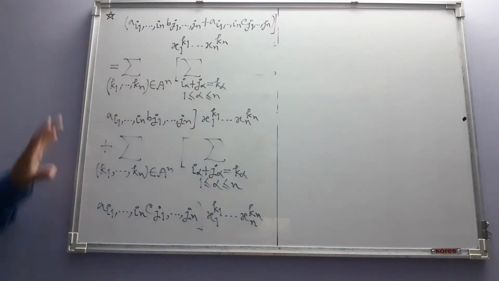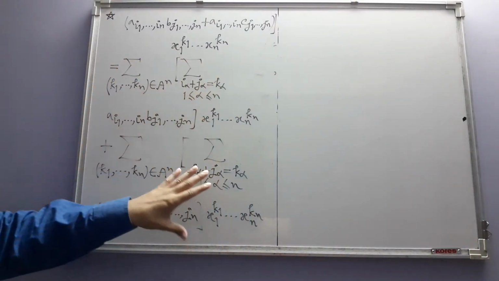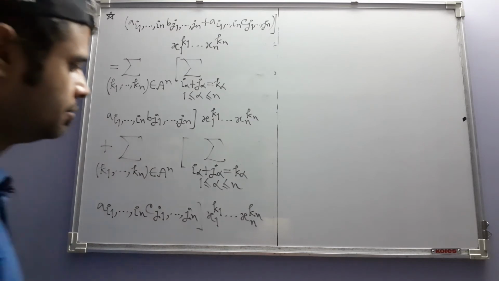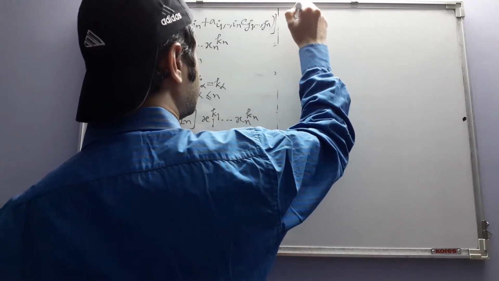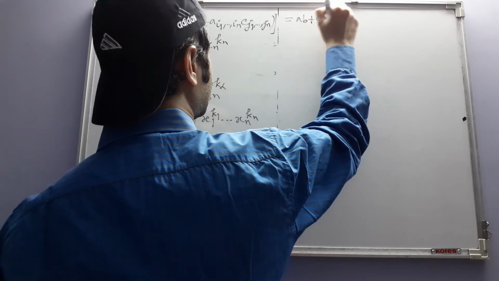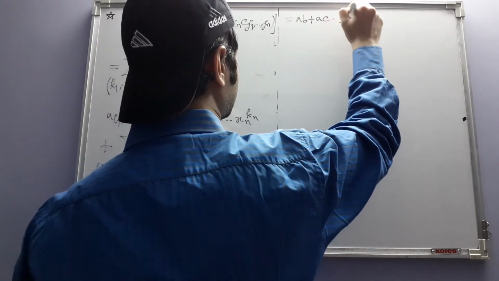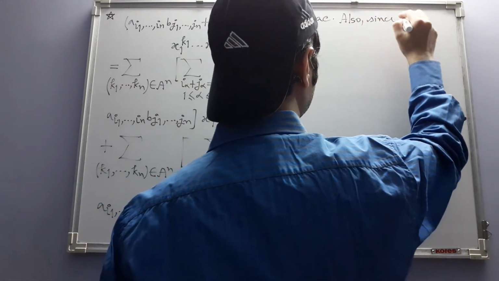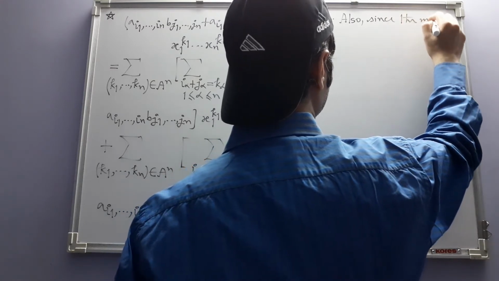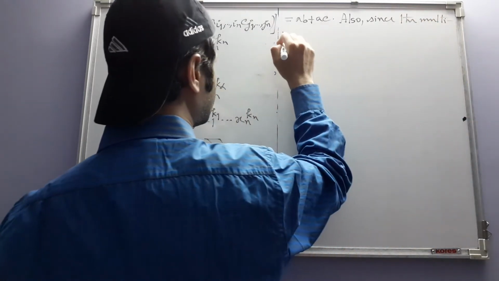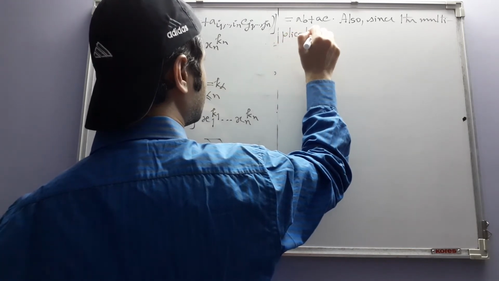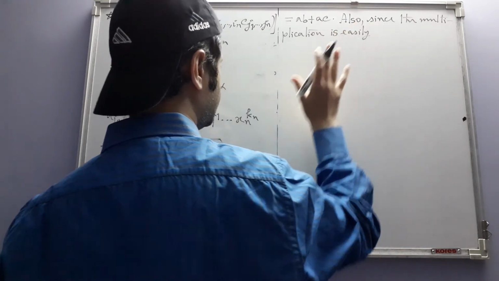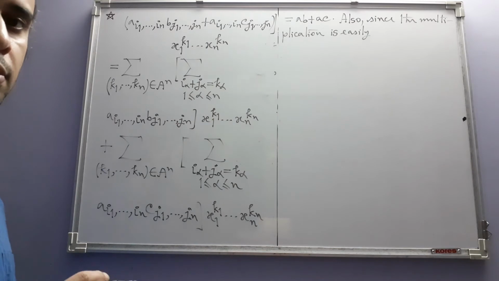And if you look at the form of these terms, this is nothing but AB and this is nothing but AC. So this is equal to AB plus AC. Also, it's easy to see that the multiplication is commutative.